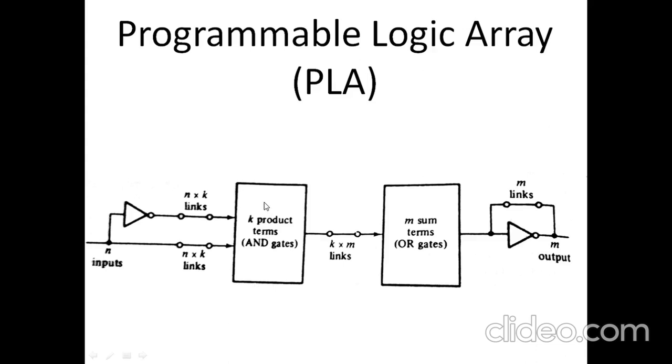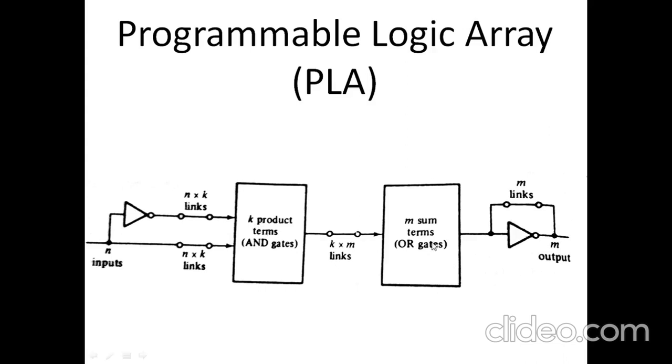To each AND gate here, the input variable is connected in the normal form as well as in the complemented form. This is the complemented form and this is the normal form. Then the link is either broken or kept connected depending on if the normal form or complemented form should be connected to that particular AND gate.